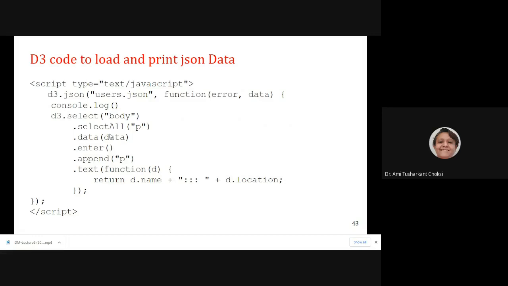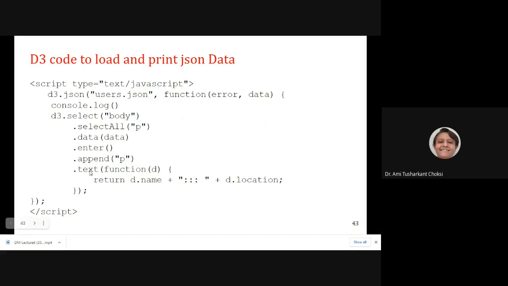So we have the selectAll p tag, then after that dot data, we are passing the data. After that we have enter, but as we do not have any p tag available just now, it gives the empty placeholder for the next coming tags. Then after that dot append p. So it is appending a p tag here.